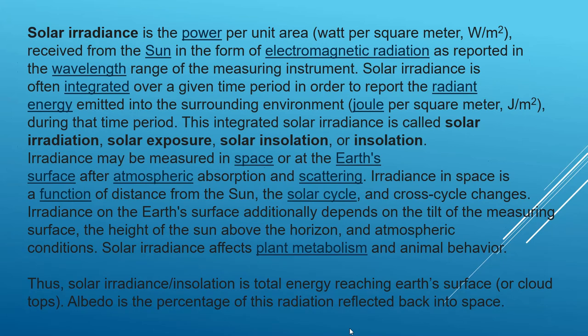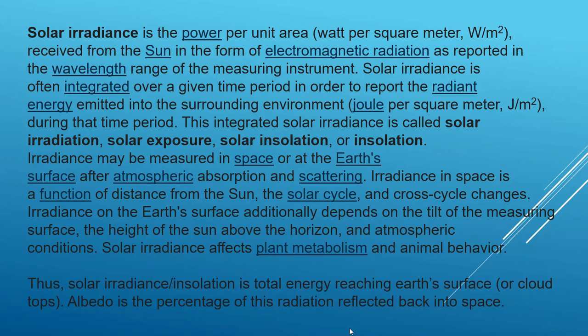Solar irradiance is the power per unit area, typically measured as watts per square meter, received from the sun in the form of electromagnetic radiation, as reported in the wavelength range of the measuring instrument. Solar irradiance is often integrated over a given time period in order to report the radiant energy emitted into the surrounding environment.